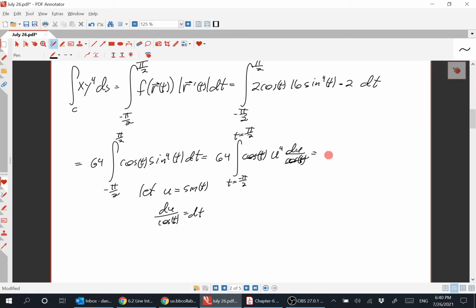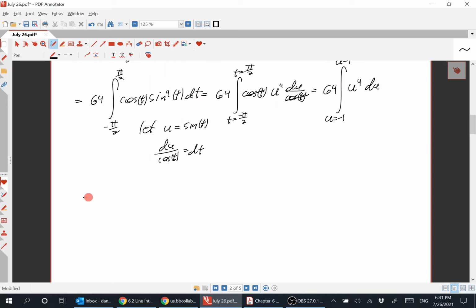Now let's change the limits into u. When t is minus pi over 2, u is negative 1. And when t is pi over 2, sine t is equal to 1, so u is equal to 1. So 64 times the integral of u to the fourth du from negative 1 to 1. So that's 64 over 5 u to the fifth from minus 1 to 1. So that's 128 over 5.